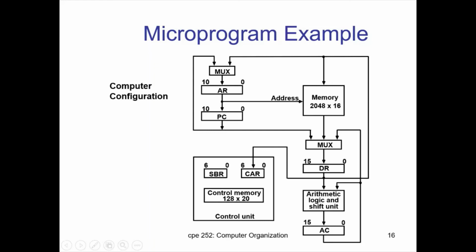This much amount of data will be stored, like when we say 2 GB RAM, 4 GB RAM. 8 GB, 16 GB, and 32 GB RAMs are available in the market. All microprograms have the multiplexer, address register, program counter connected to the multiplexer, data register, control address register, and status bit register, which together are called the control unit.